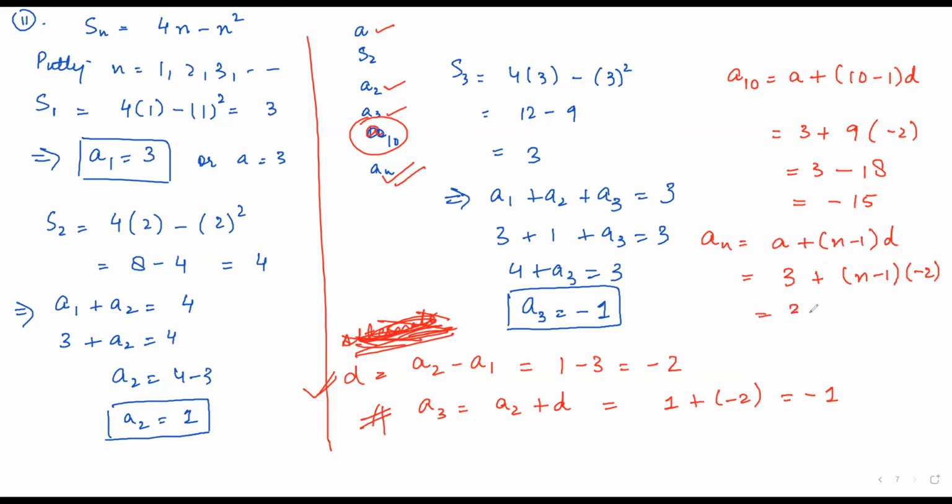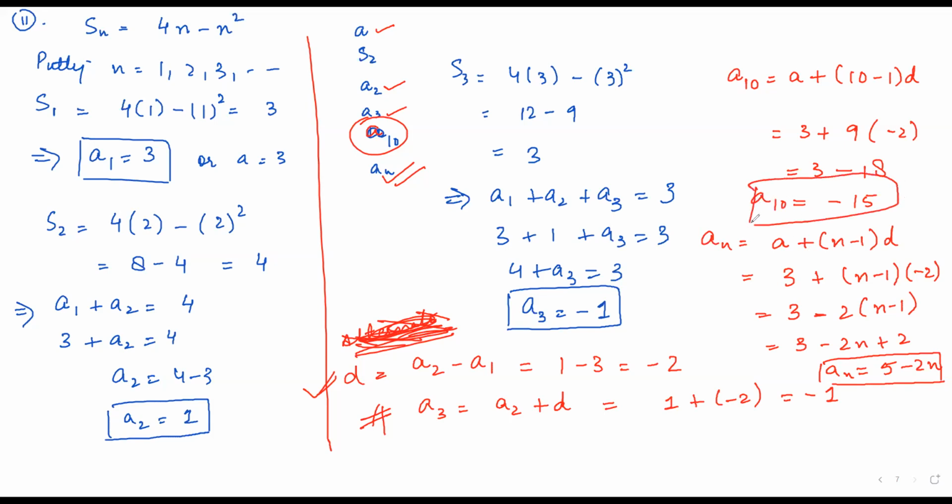So this becomes 3 plus minus 2 into N minus 1, so that becomes 3 minus 2N plus 2. So that becomes 5 minus 2N. So in terms of N, you will get your AN because you don't know N. So I've got all these. A10 is this.